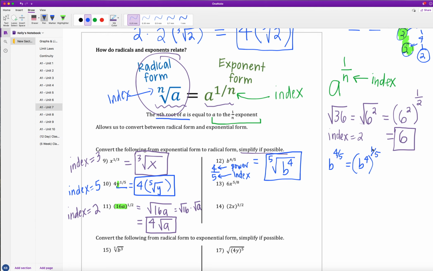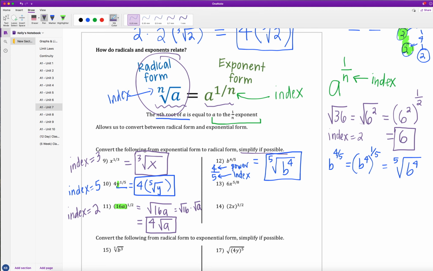Because remember, when I have exponent to exponent, I multiply them, and 4 times 1/5 is equal to 4/5. So I'm kind of undoing the multiplication there and factoring it out. We then know that the 1/5 is the same thing as the 5th root, and then we end up with the 5th root of b to the 4th. And with that extra step in there, that might be a little bit easier to see.